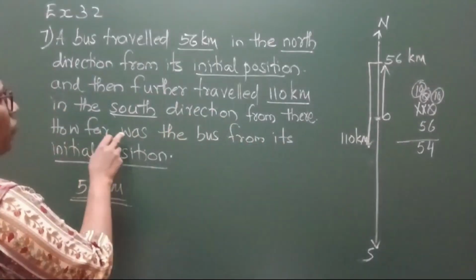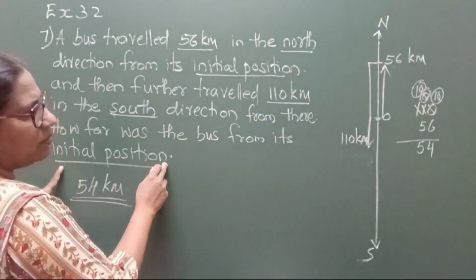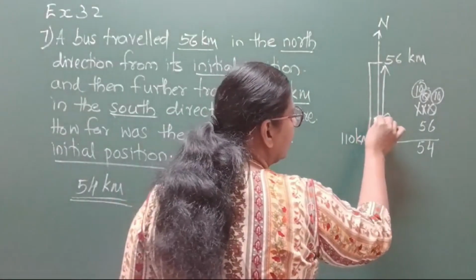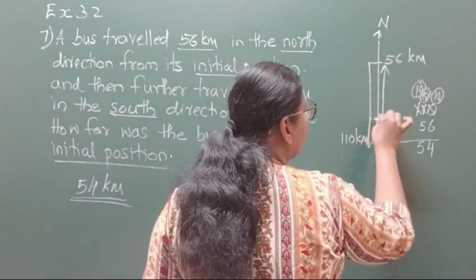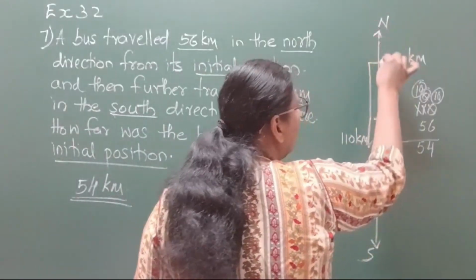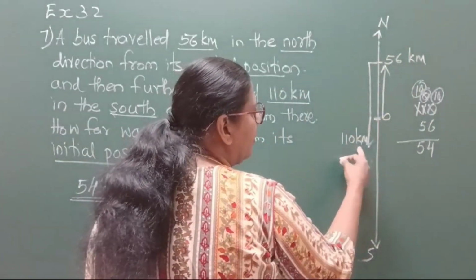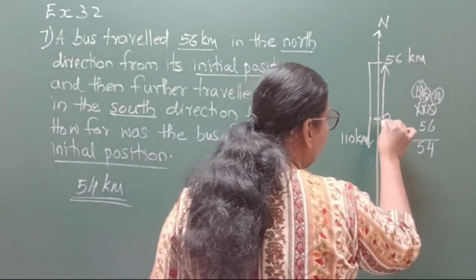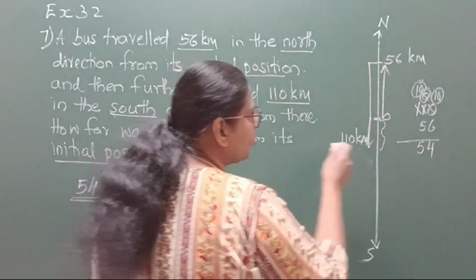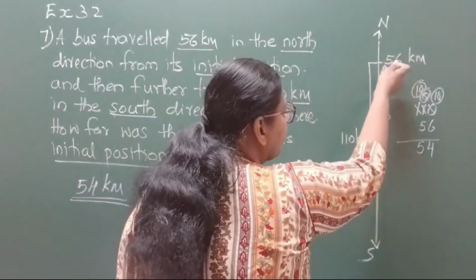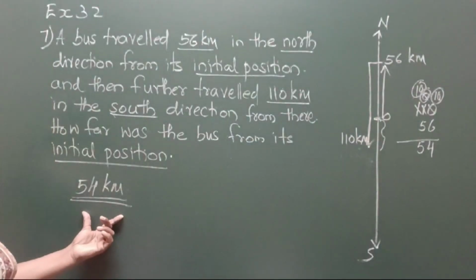From there, how far was the bus from its initial point? Here this is the initial point, that is 0. From the initial point to 56 kilometer it went to north. From there it came back to the south, 110 kilometer. Now we have to find this distance. So for that, 110 minus 56 is equal to 54. So 54 kilometer is our answer.